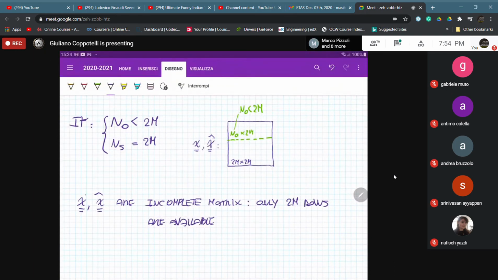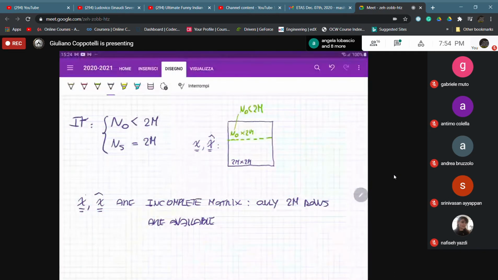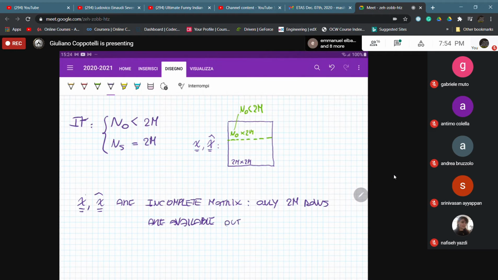Only n_o rows are available out of the 2m rows to build your chi and your hat chi matrices.